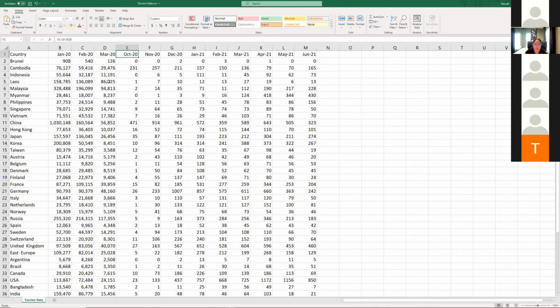The main purpose of the data is so that businesses, small businesses, can know which countries are coming into Thailand. And they can compare the later data with the data right now and see how much they could expect to increase. Yes.